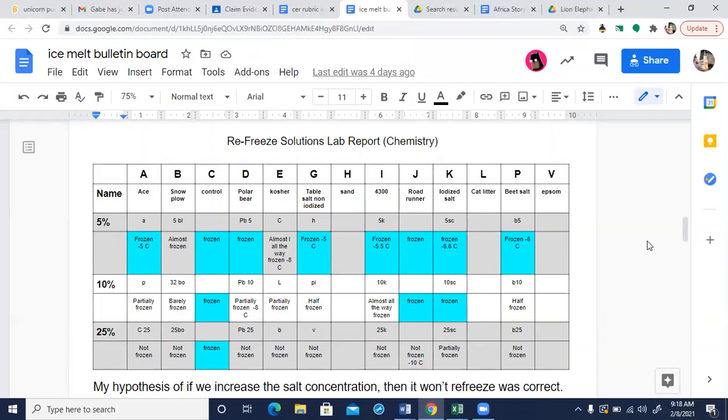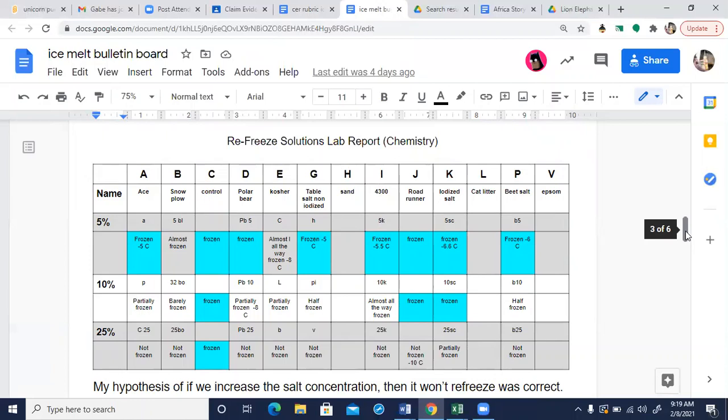So which one are we reading? The refreeze chemistry lab. It says refreeze solutions lab report chemistry. Yeah. So are we going off the 5% or the 25%? All of them. There's two of them that didn't freeze, which are 4,300 and beet salt.